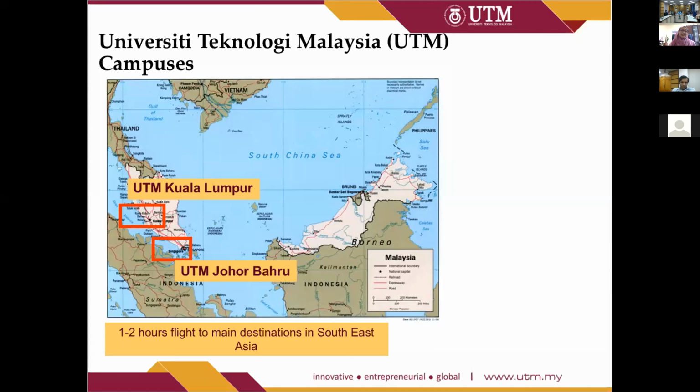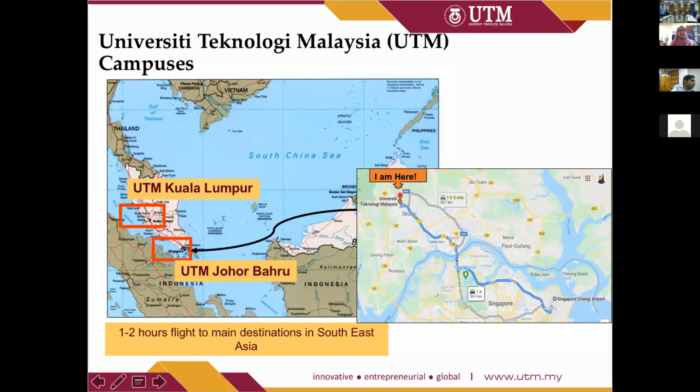At University Technology Malaysia, we have two campuses. We have one campus in Kuala Lumpur, the capital city of Malaysia, and another campus in Johor Bahru. I'm here in Johor Bahru, our main campus, which is a one-hour drive from Singapore airport.